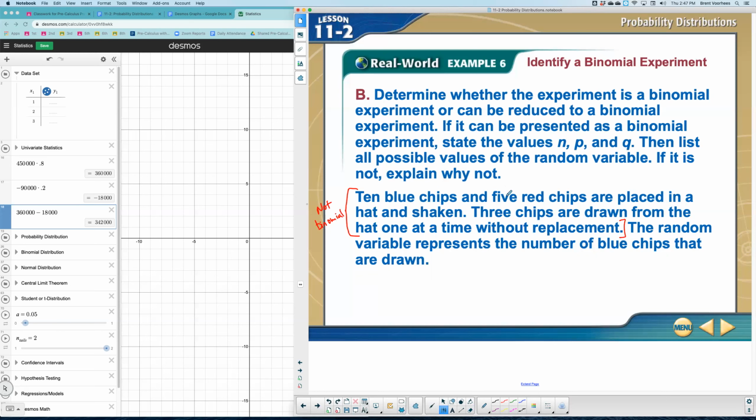Or if you took out a blue, it'd be 5 out of 14. So the odds have changed. So it's not binomial any longer. Odds change with each chip removed. And that's why it's not binomial.